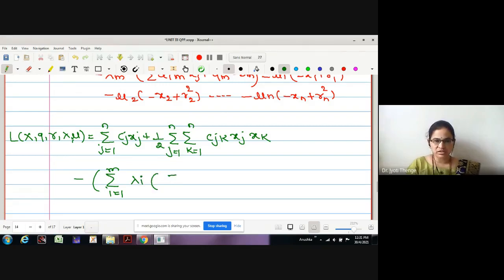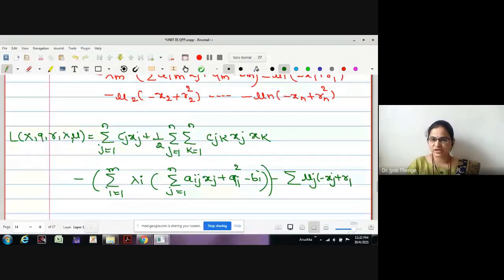The original constraint is summation j equals 1 to n aij xj plus qi square minus bi, minus summation mu j minus xj plus rj square.